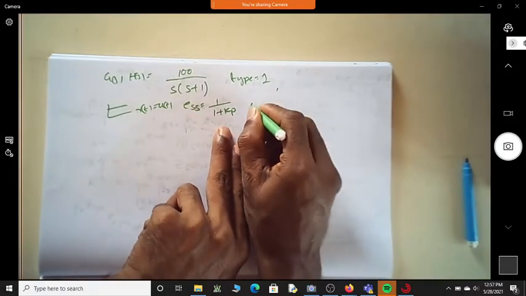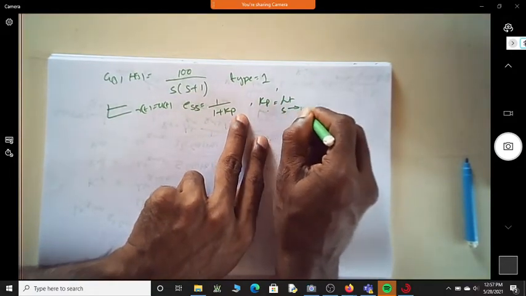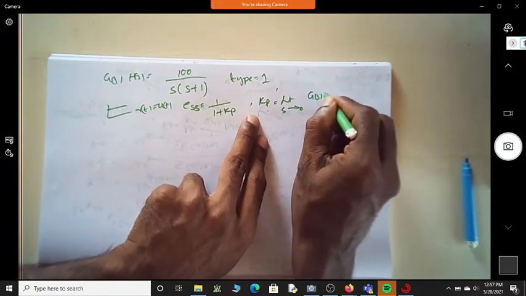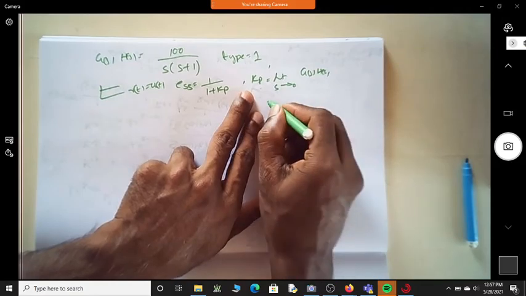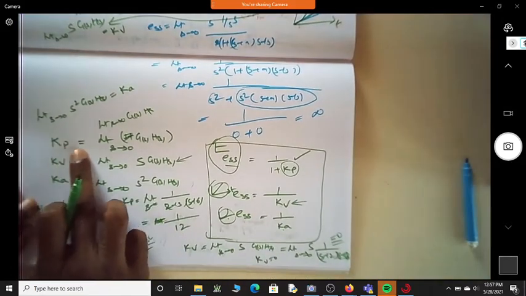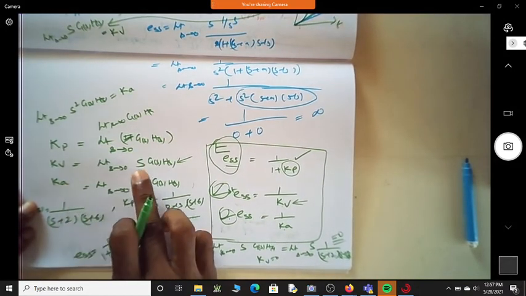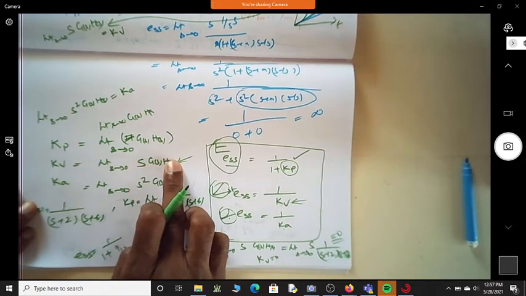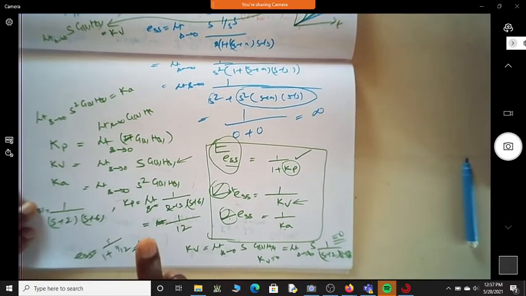What is Kp now? Kp is nothing but limit of s tending to 0, GFS into HFS. For Kv, it is limit of s tending to 0, s into GFS into HFS. For Ka, it is s square into GFS into HFS.